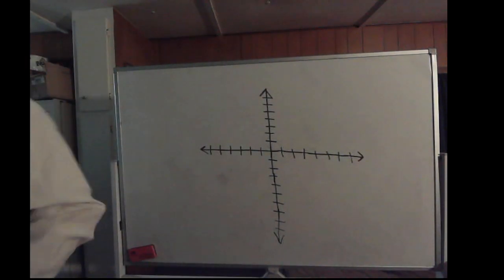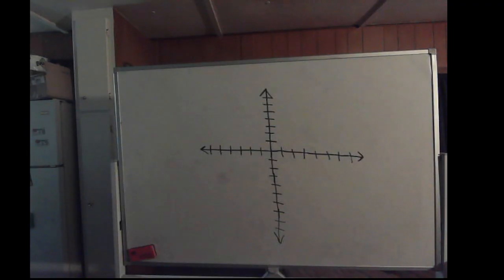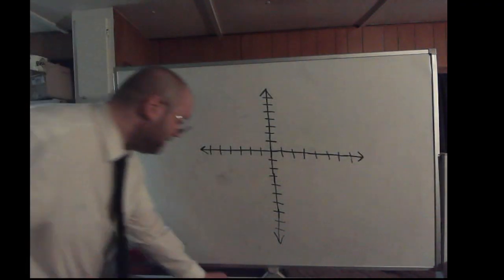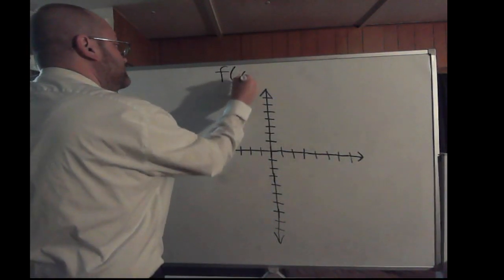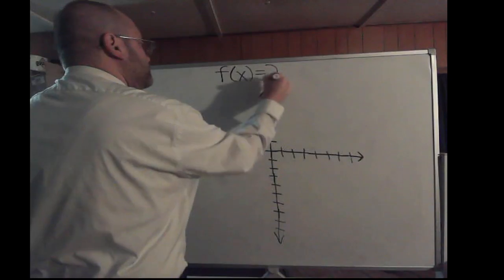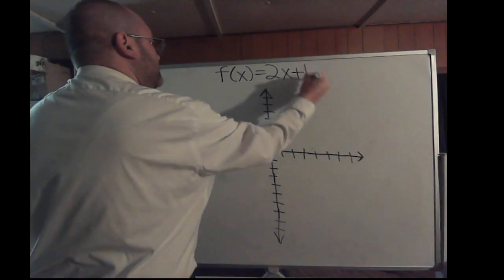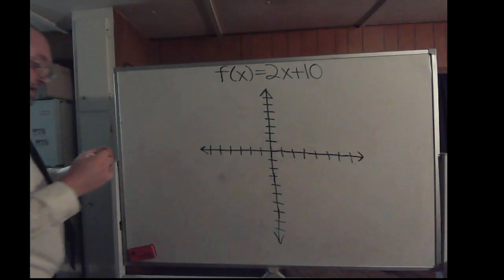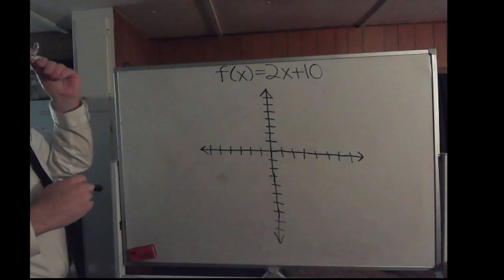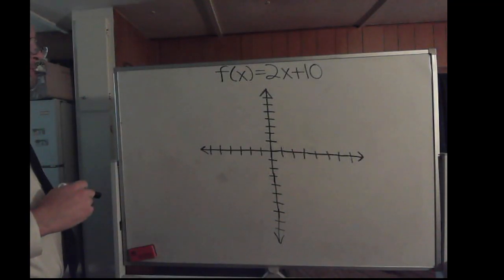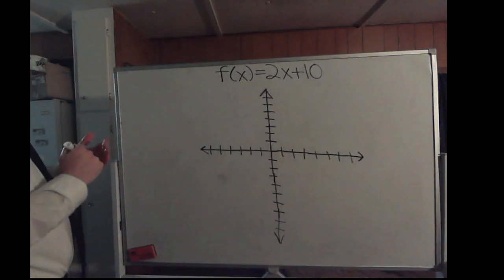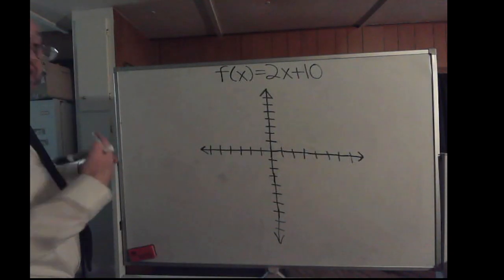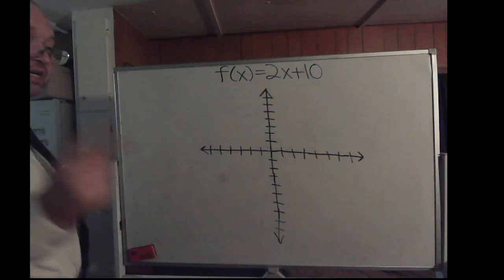Alright, what do we got here? I think we're up for 4 more. How about f of x equals 2x plus 10? So f of x is going to equal 2x plus 10. Well, let's go ahead, let's find the x and y intercepts. Start by finding the y-intercept.